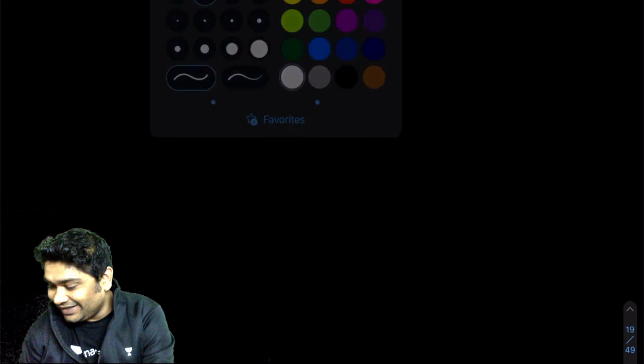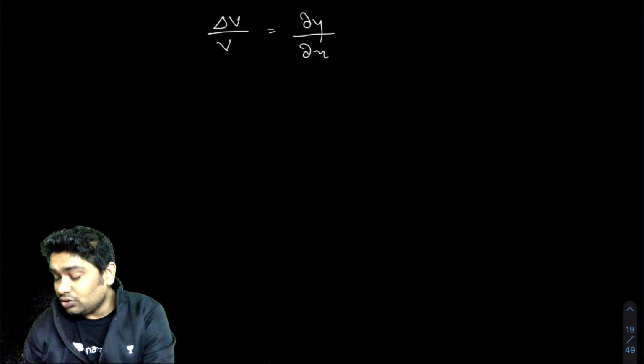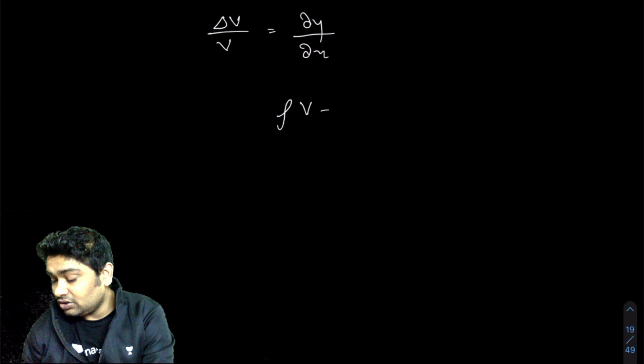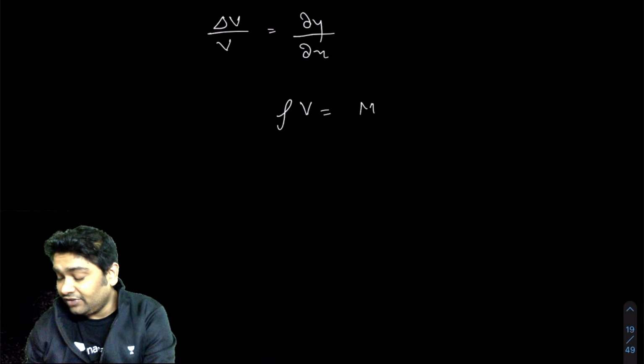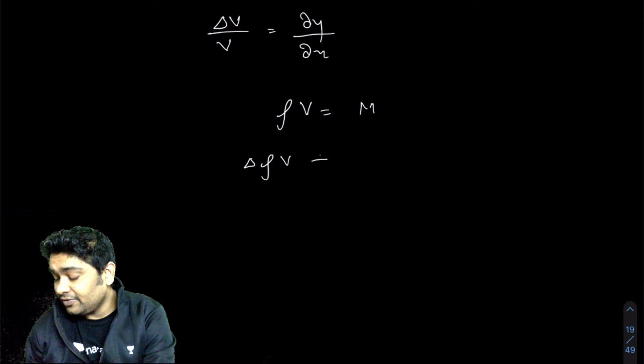you also remember we just calculated delta V over V equals del y over del x, correct? You also know rho into V is constant, which is M. So if I differentiate this, I get delta rho V plus rho delta V equals 0.